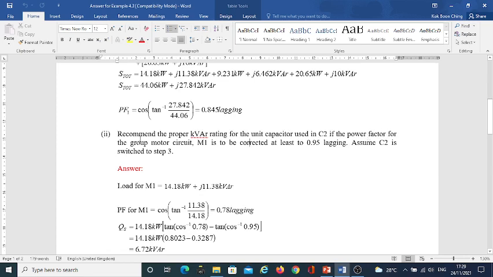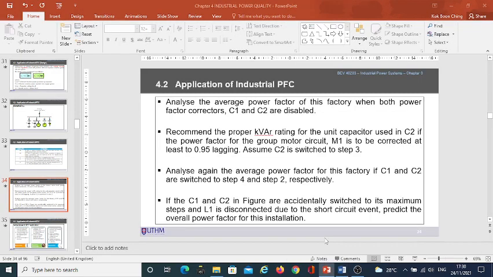The condition given here is that the M1 is to be corrected to at least 0.95. So we assume C2 is switched to step 3, which will correct the M1 power factor to 0.95.